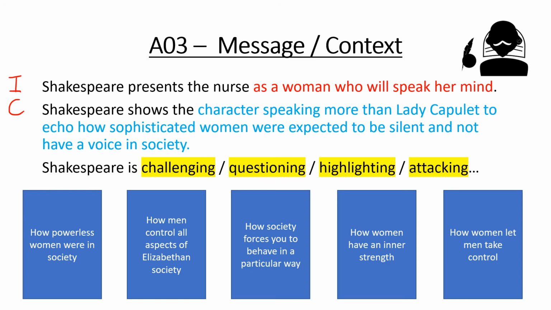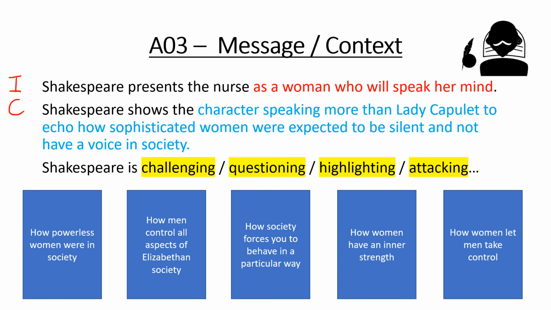And so we see how men are controlling women. And we even see that later on at the end of the play, where the father tries and tells Juliet what to do, and how unhappy he is when she doesn't follow his instructions, and how angry he is towards the nurse when she stands up to him. We also see how society forces you to behave in a particular way.